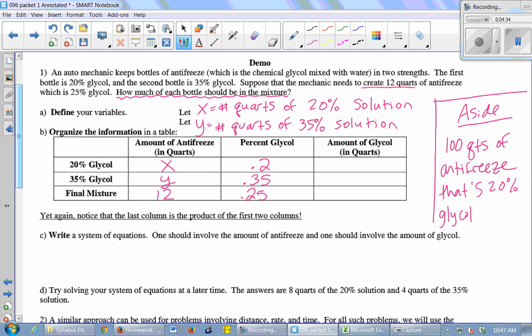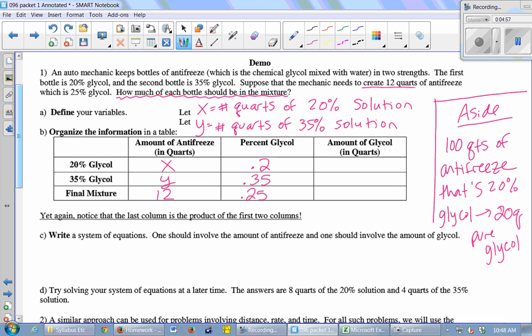Yeah, 20% of the 100 is 20 quarts of pure glycol, meaning 80 quarts of it is water. If you were to try to separate them out, you would end up with 20 quarts of glycol and 80 quarts of water.